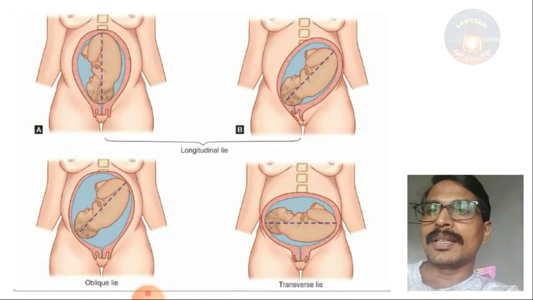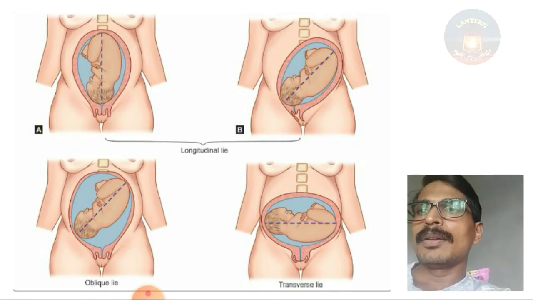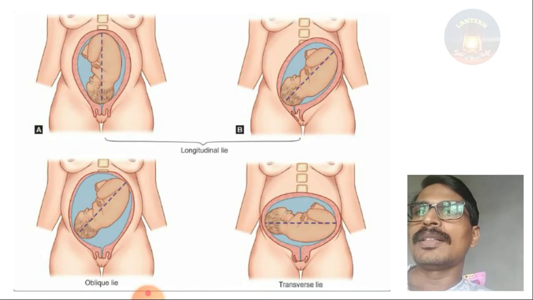So this is regarding the lie. You can watch the diagram given. When the uterus is in line with the maternal spine and the vertical axis of the uterus and the fetus is common, that is called longitudinal lie.